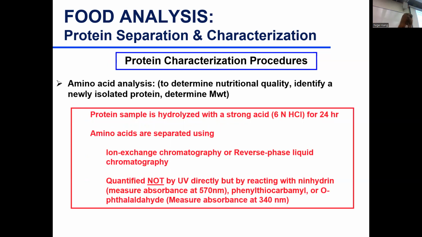Amino acid analysis. We have two or three AOAC methods for amino acid analysis. The main part of amino acid analysis is done through acid digestion. Except for tryptophan, methionine, and cysteine, we can determine the concentration of all other amino acids using acid digestion.